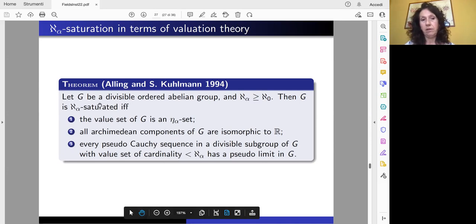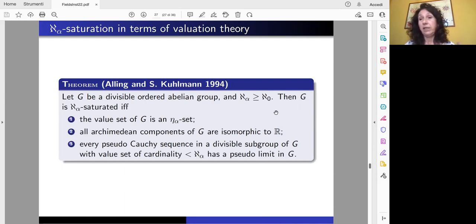Now, if the structure is alpha saturated, these properties follow quite easily. The opposite direction, these three properties, this trichotomy that we will find also in the case of real closed fields, is necessary to consider the various cases which can be presented. If we take a type which is consistent with G, and this will be the same argument in the other cases I'm going to talk about, it will be realized: we will always find an elementary extension where it is realized.